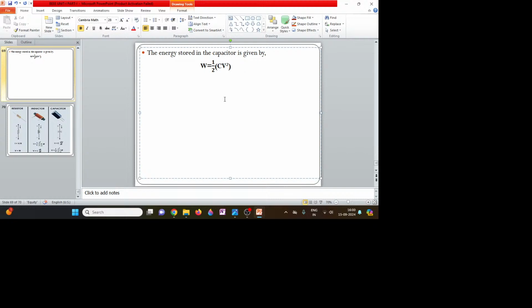So this is it. The energy stored by the capacitor is half CV square. So write it down.